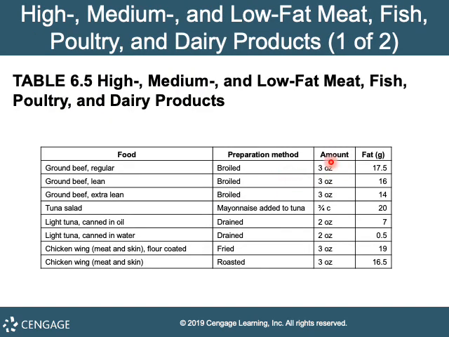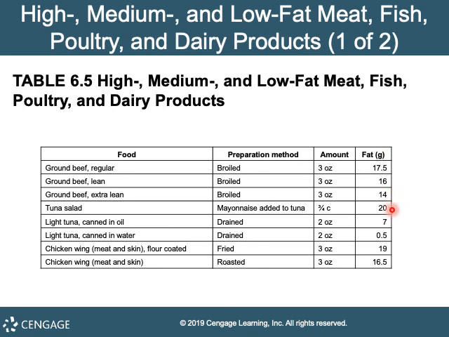Meat has approximately 7 grams of protein in an ounce. So 3 ounces of all these different types of ground beef will have about 21 grams of protein. They're consistent in protein, but they're going to vary in the amount of fat, and that would depend on how lean they are.